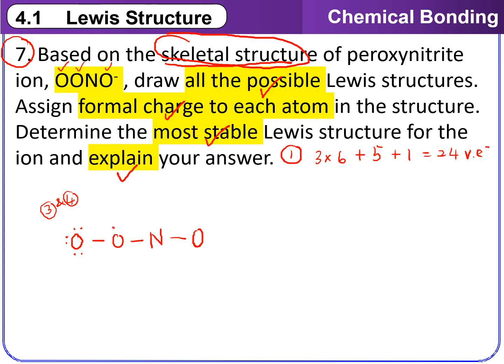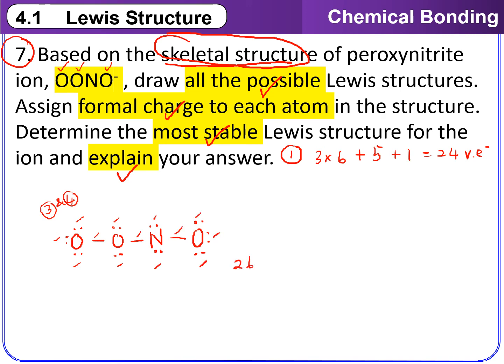So this oxygen needs another 2 lone pairs, same case with the nitrogen, and then oxygen needs 3 lone pairs. Okay, but please remember that you have to calculate the number of valence electrons. Is it enough or not enough? Okay, so we start from here. 2, 4, 6, 8, 10, 12, 14, 16, 18, 20, 22, 24, 26.